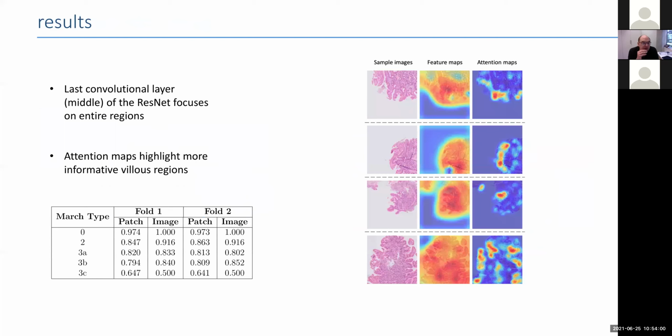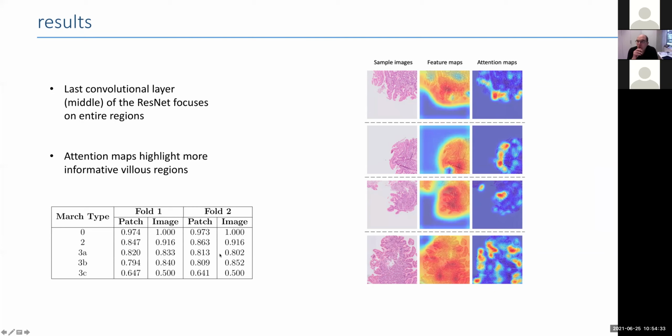Here you see the results. So the feature maps that were generated by ResNet are shown in the middle, and they're shown for entire regions. And then you see our attention maps shown on the right, and they're far more specific in terms of villi locations. You see the performance of the model below, and of course in the intermediate classes, for instance the Marsh type 3C, it's not performing incredibly convincingly.